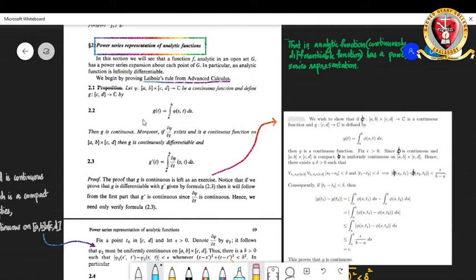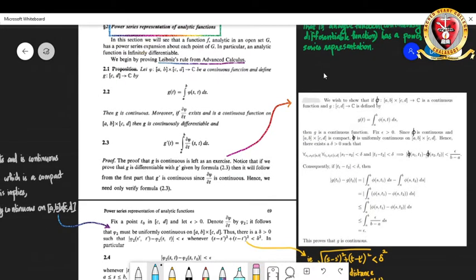Then g is continuous. Also, if the partial derivative of phi with respect to t exists and is a continuous function on [a,b] cross [c,d], then g is continuously differentiable and it has the form g dash of t equals the integral from a to b of the partial derivative of phi with respect to t of (s,t) ds.